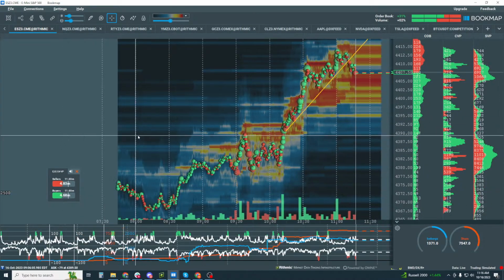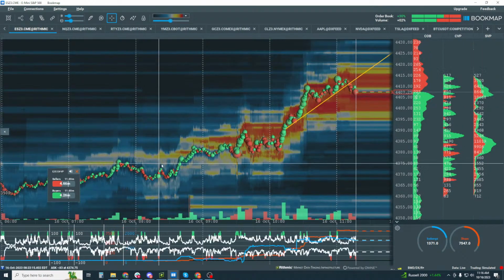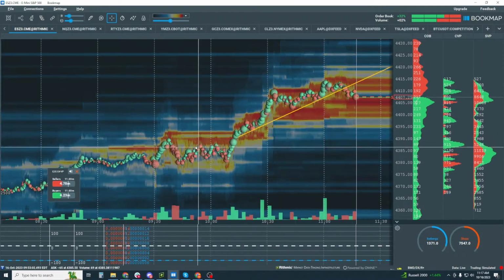Even though it's been a pretty strong move here, it's just been up in these areas in here.